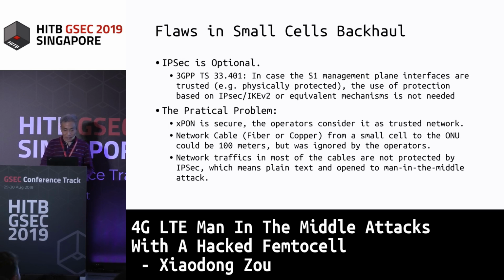So there are flaws in the small cell backhaul, because IPsec is optional. During 3GPP, the S1 management plane should be protected by IPsec, but in case the environment is trusted, IPsec is operator optional.